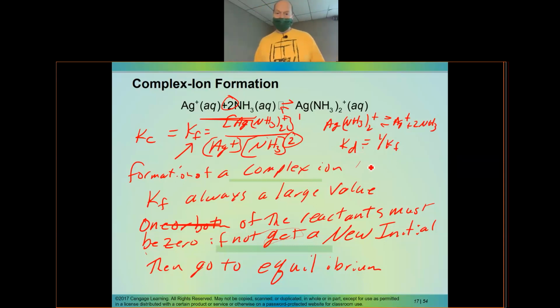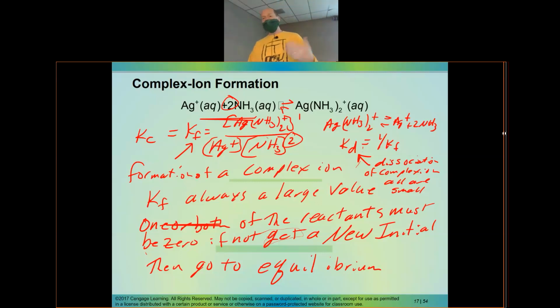All your Kd values are very small. So D stands for dissociation of complex ion. And all of these are small. So if all your Kf's are large and you divide by a large number, then you're always going to have a small value for your Kd.